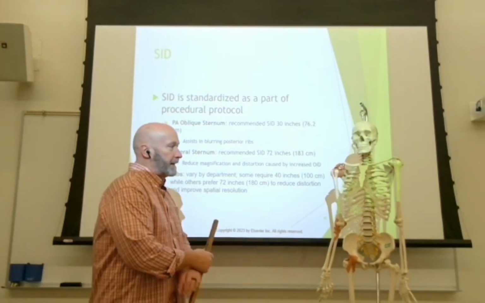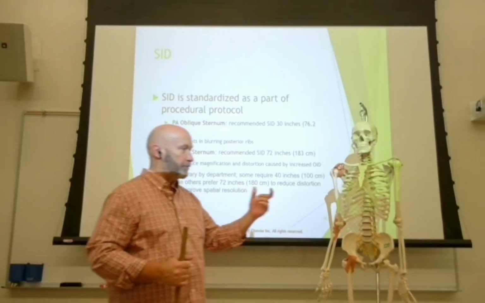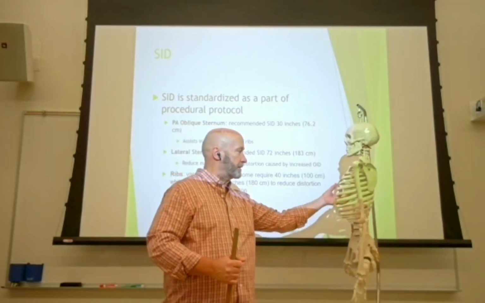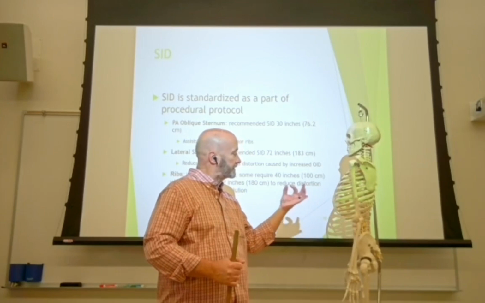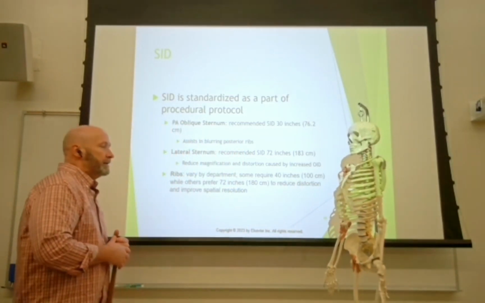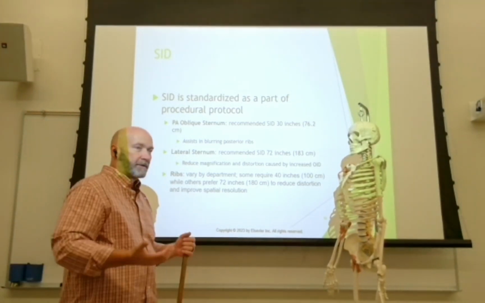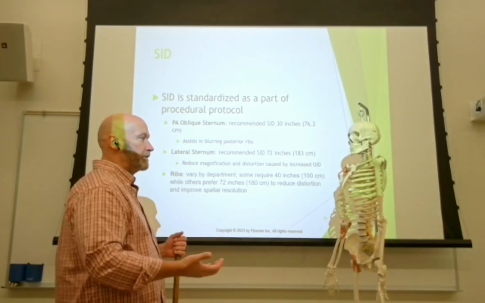And the reason for that is because the sternum is very, very difficult to image. It's a relatively thin bone. Like on this skeleton, I'd say that it's three quarters of an inch thick. So it's a relatively thin bone, and we've got a lot of stuff to get out of the way in order to visualize it.